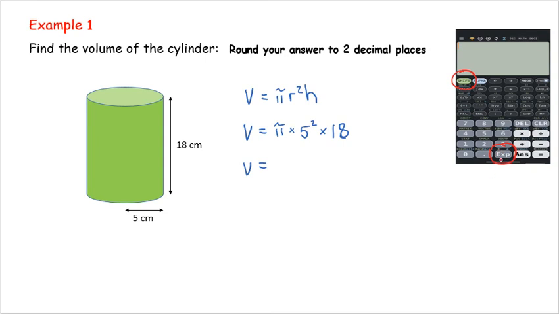So shift that button will give you pi. And all you're doing in your calculator is pi multiplied by 5 squared, exactly as you see it, multiplied by 18. And when you do that, your calculator may come up with your number in terms of pi. So my calculator's come up to say 450 pi.